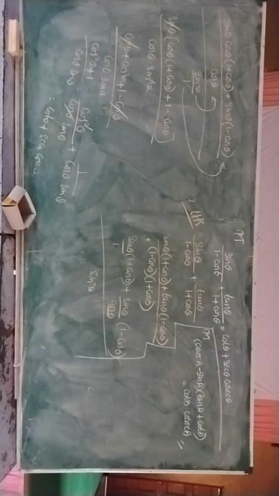Cosec A minus sin A into tan A plus cot A is equal to cot A plus cosec A.